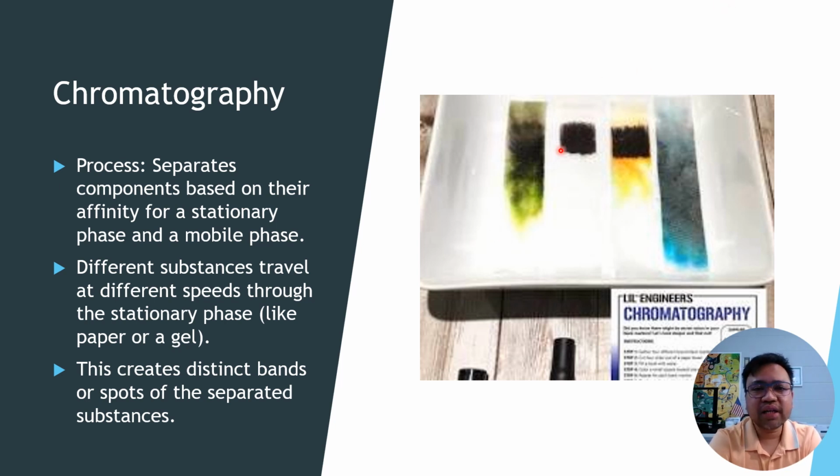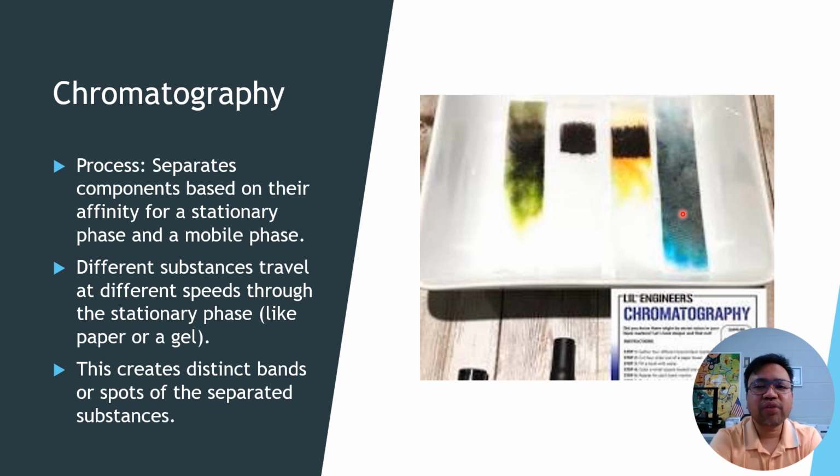Some substances may bond more strongly with the stationary phase and move slowly, while others prefer the mobile phase and move faster. The difference in mobility creates distinct bands or spots, each representing a separate component of the original mixture.